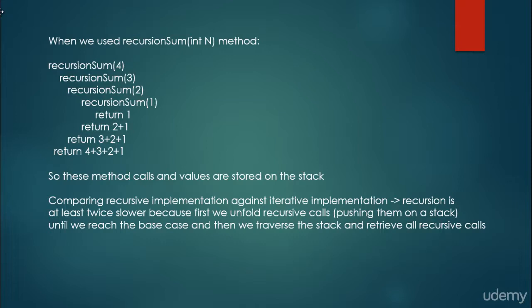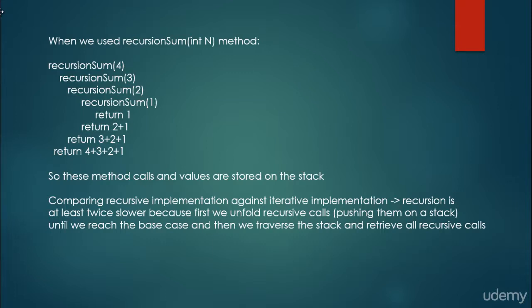Then we know that the recursive sum 1 is equal to 1, so we can pop another item from the stack, and we come to the conclusion that we have to return 2 plus 1. Then we have to return 3 plus 2 plus 1. Then we return 4 plus 3 plus 2 plus 1. So these method calls and values are stored on the stack. First of all, we keep pushing these method calls to the stack. And if we bump into the base case, then we keep popping these items.